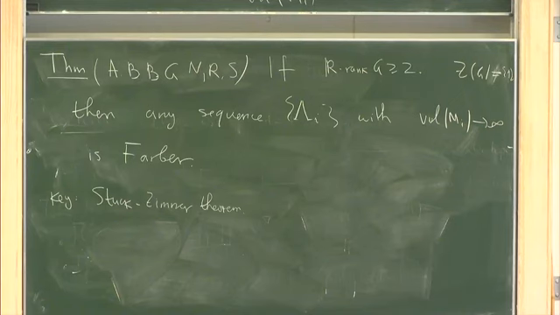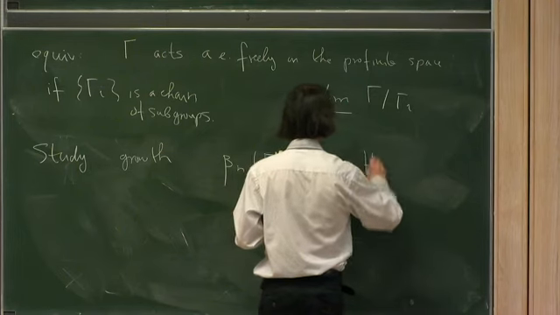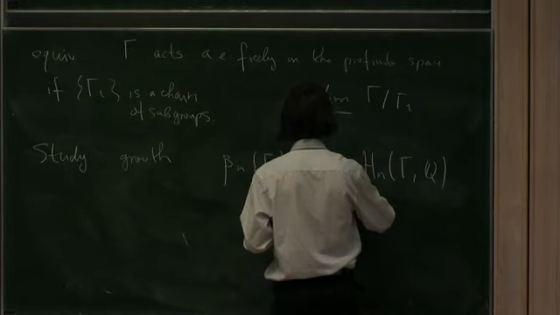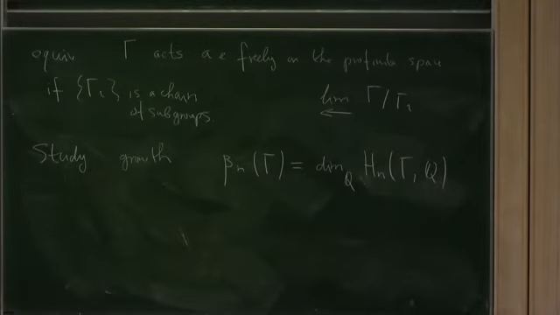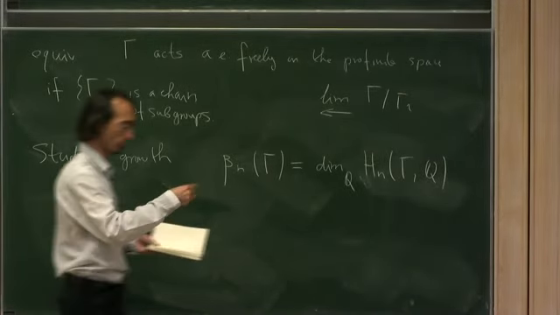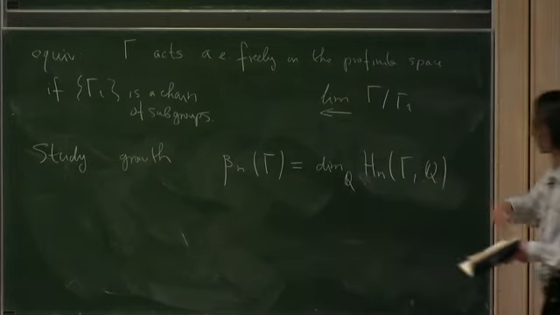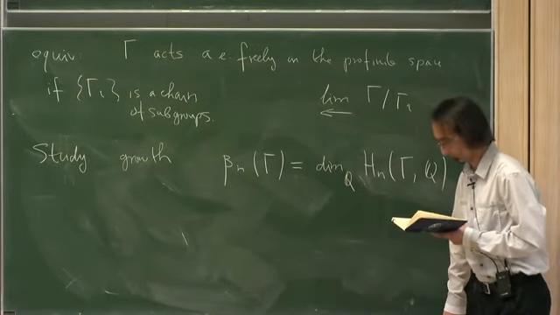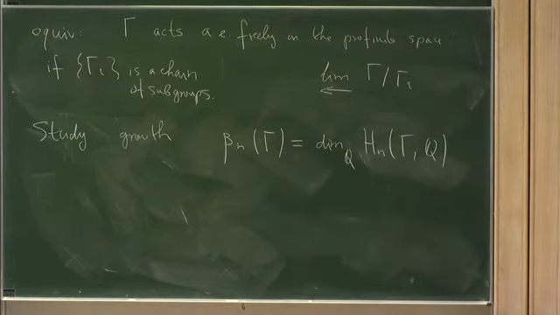In the case of a group, this is the nth Betti number of a group, the dimension of the nth homology group with coefficients in Q over Q. In order to define it, you need that the group is of type F_n, that the group has some finite dimensional resolution up to degree n. Let's assume it's defined. In particular, beta_1 is always defined if Gamma is finitely generated.